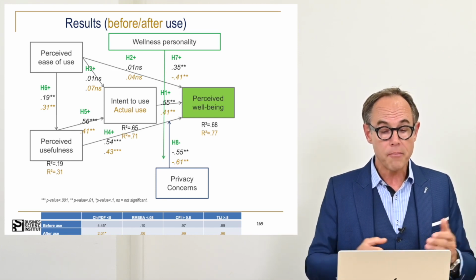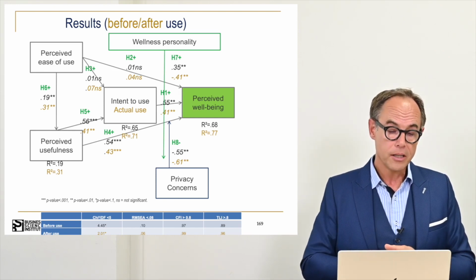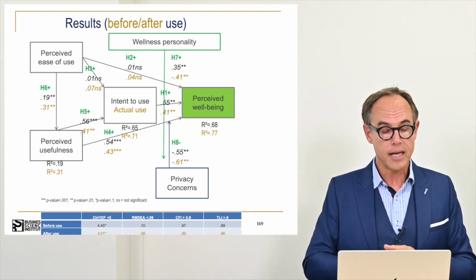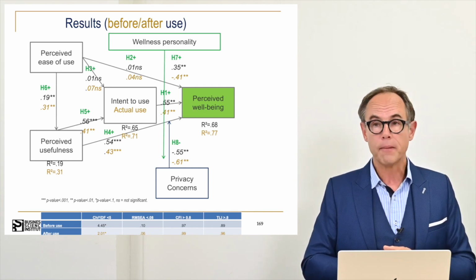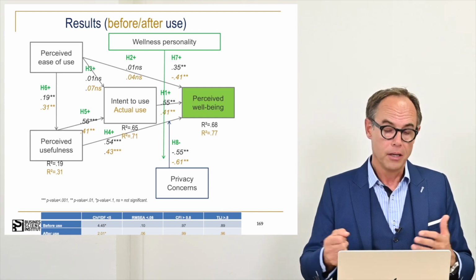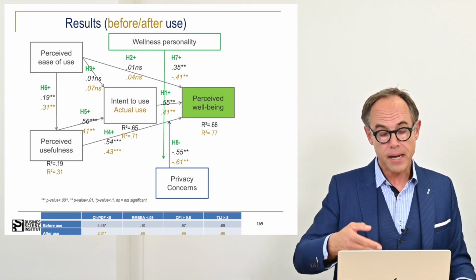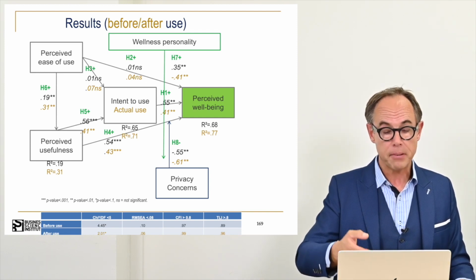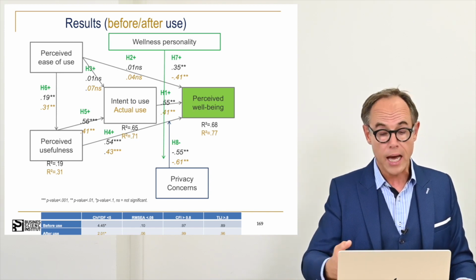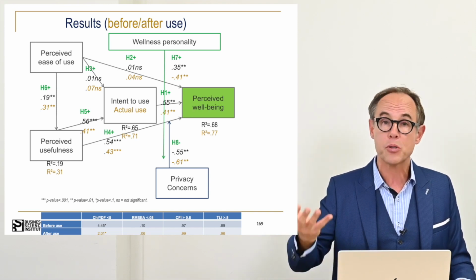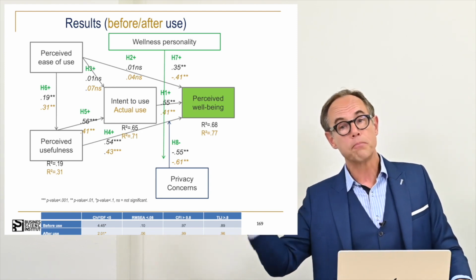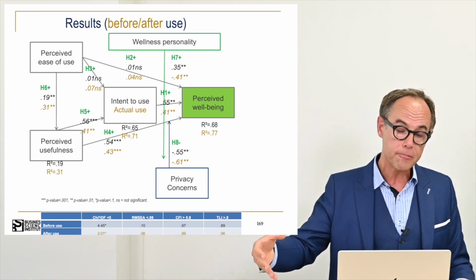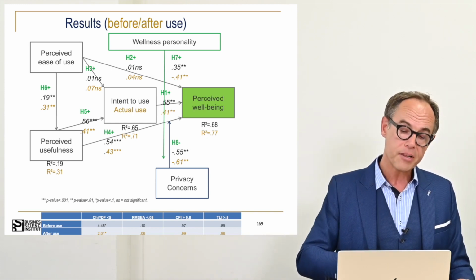And we see the same for the relationship of intention to use and actual use on well-being. After usage, well-being is decreasing. It appears this might be explained by privacy concerns, which are decreasing after use, but which are still important. So the well-being that should be created through good sleeping quality is decreased by privacy concerns.